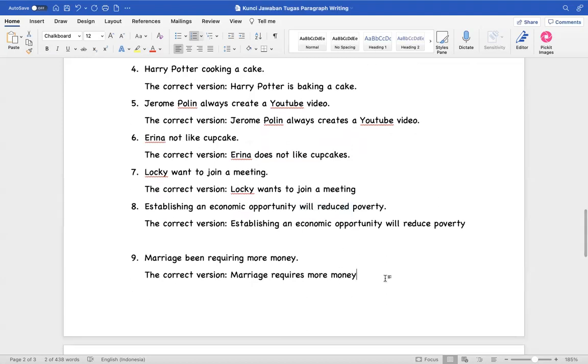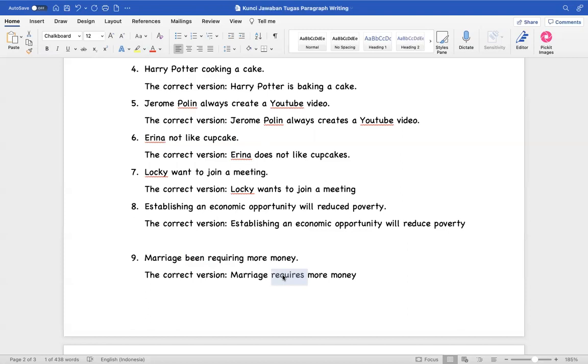Oke, number 9, marriage have been ya. Ada been itu kan bentuk ketiga. Jadi kalau bentuk ketiga, dia juga harus dikasih have. Atau kalau mau lebih simpel lagi, ya udah requires, kayak gini boleh. Marriage requires more money. Required more money juga boleh.